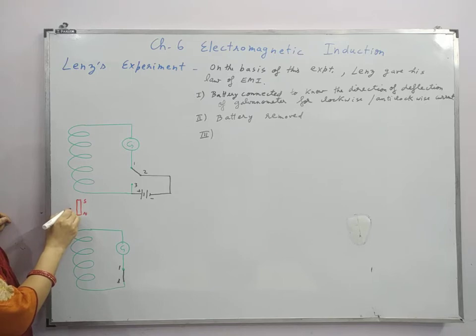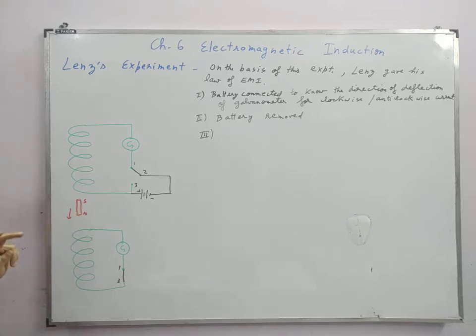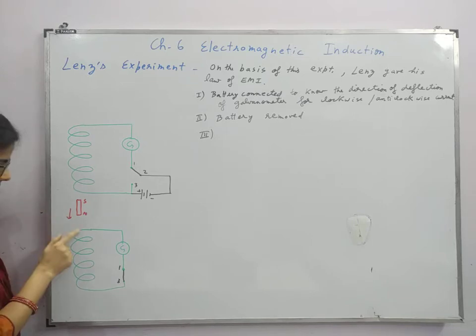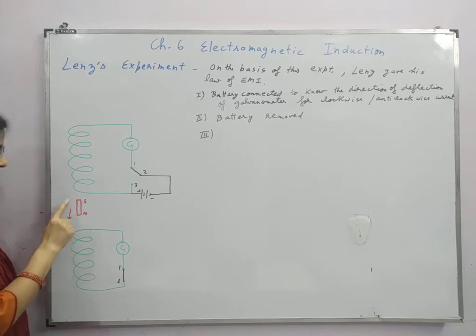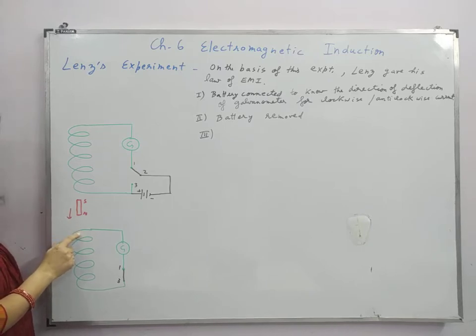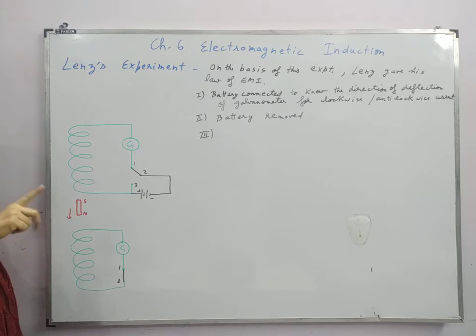Now it is observed that whenever this magnet with north polarity, this side, is approaching, then the current in this coil is in such a direction that it opposes the approach of the magnet. So it was observed that the upper face of the coil becomes north polarity. That means anti-clockwise current flows in this coil.